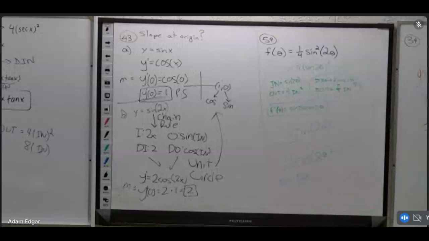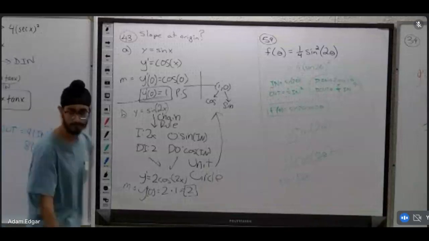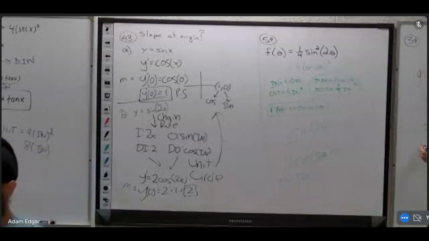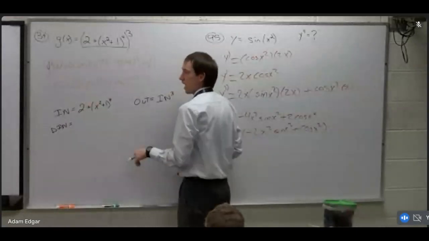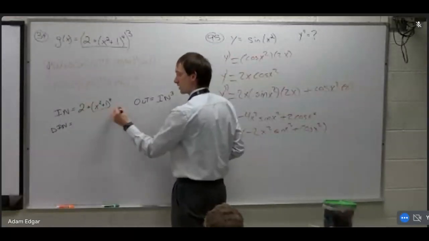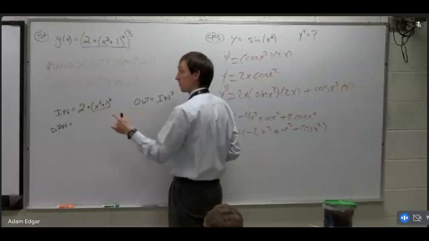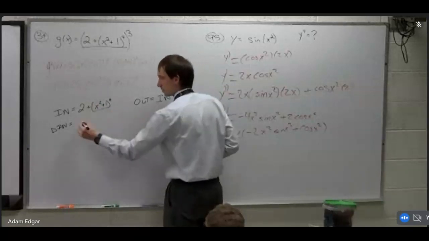Now, when you come over to do d in, this is going to require its own little chain rule, right? So when you do the derivative of this part, what happens with the 2? It goes to 0, because the derivative of a constant term goes poof. And then you have to do chain rule on this guy. What's the derivative of this guy's insides? 2x.